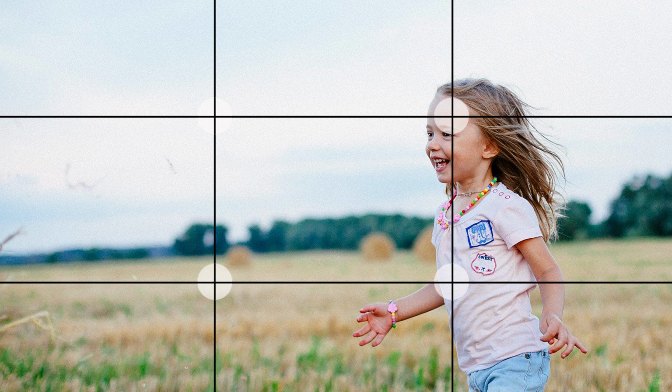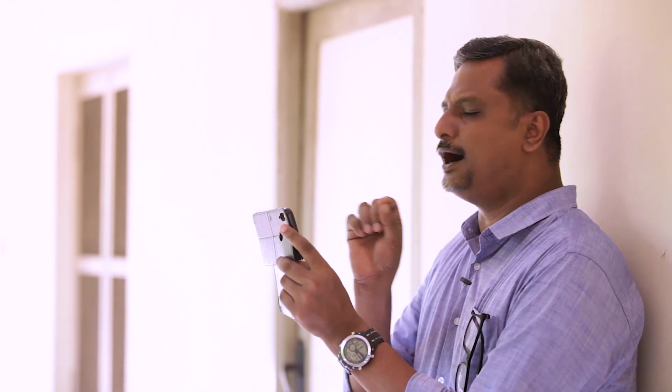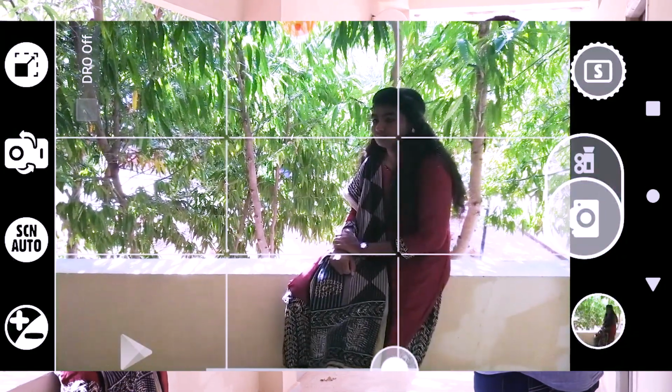So what is the rule of thirds? Placing the object in any one of the golden points would be framing the person with the 1/3. To make you understand better, let's take a photo of Ramya. I am placing her at the golden point and keeping her at the 1/3.